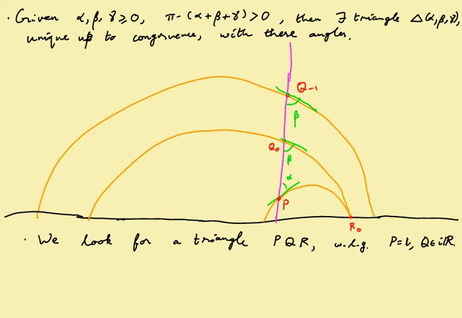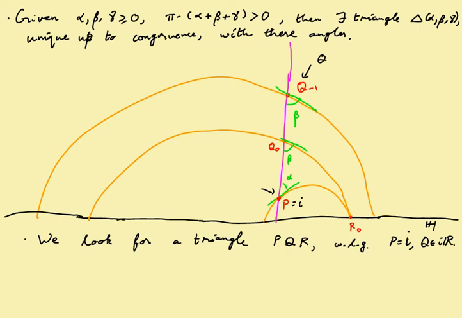So I'm using the upper half plane model. So this is the point i, and I've drawn it. I've drawn an angle alpha here, at P, and we have a vertical line passing through that. Well, what happens if I take a point Q? Let's first start with a point Q here, and take an angle beta.